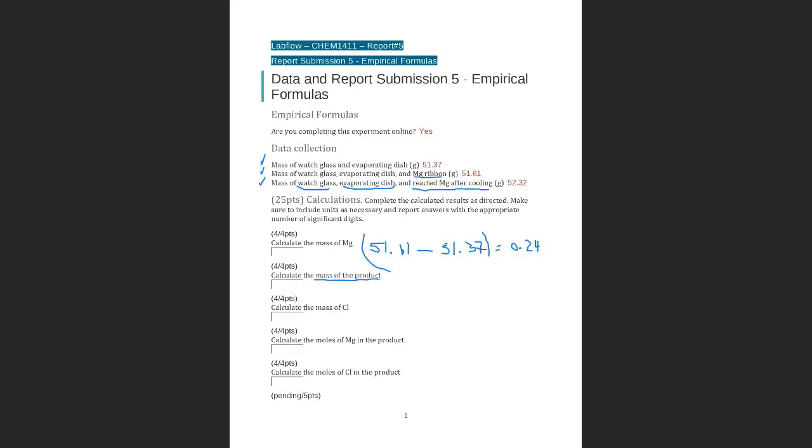So all you have to subtract from 52.32 is the two things that you don't want, which is the empty evaporating dish and the empty watch glass. Does it make sense?